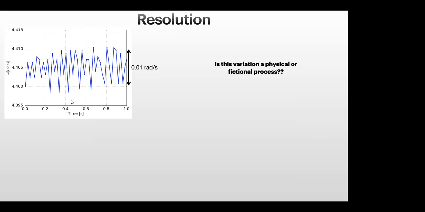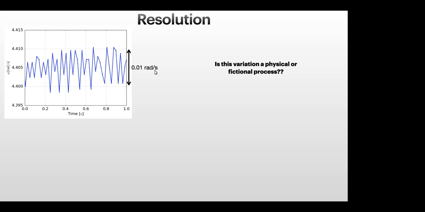So it means one rotation of the system, and if we analyzed the angular velocity variation from one slot to the following one, this variation is on the order of 0.01 radians per second. And the question is, is this variation physical or fictional? So induced by noise or physical of our system?